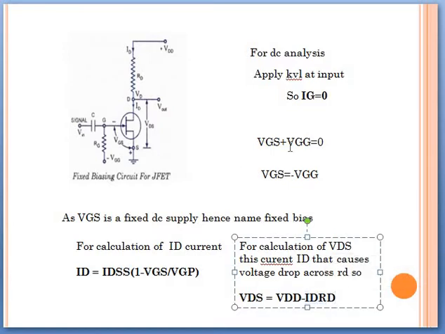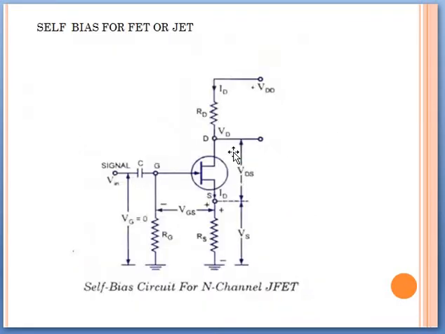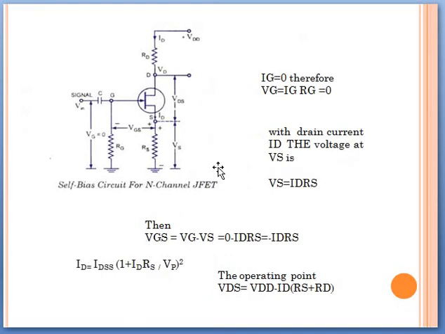Now we can plot a graph between VDS and ID, keeping VGS at some value, by using these formulas.